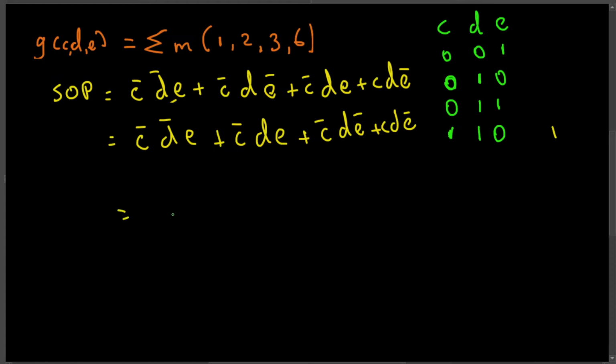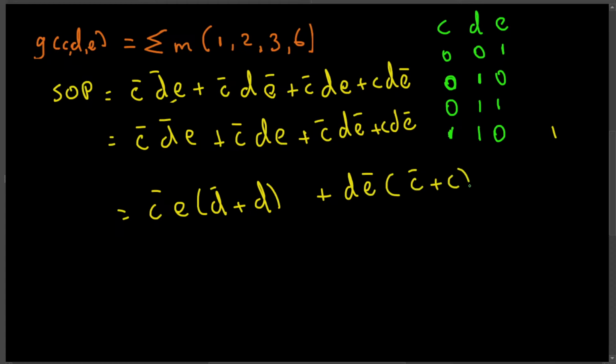Here what we can do is take C complement E common, so this is going to be D complement plus D, and then here we can take D complement E complement common, and that's going to make this one C complement plus C. So here you can see we have D complement plus D. In the Boolean algebra property, this is equal to 1 because this is an OR gate.